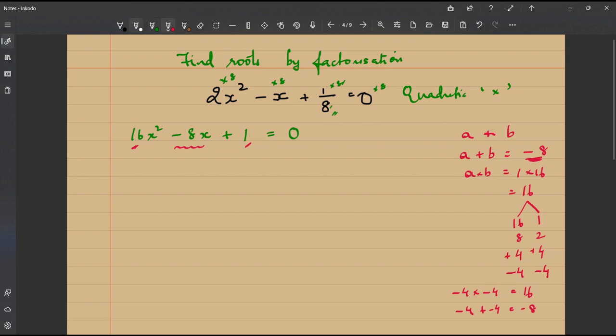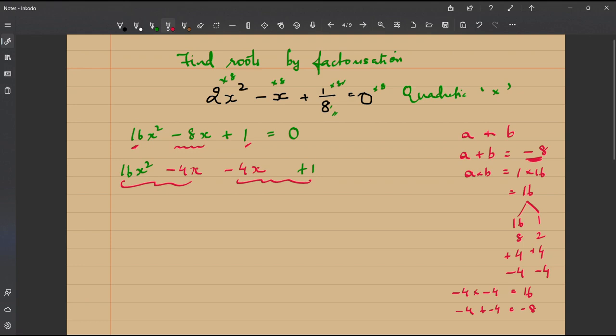So let us split the middle term. We'll write the first term 16x squared and the last term as it is, only the middle term is going to be split into minus 4x and minus 4x. Now let us group it into two different groups, so that we find the common factors in each group and factor them out.